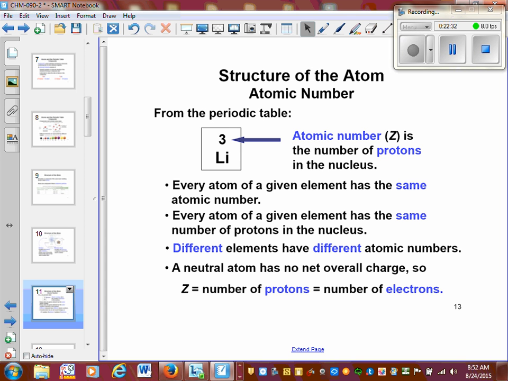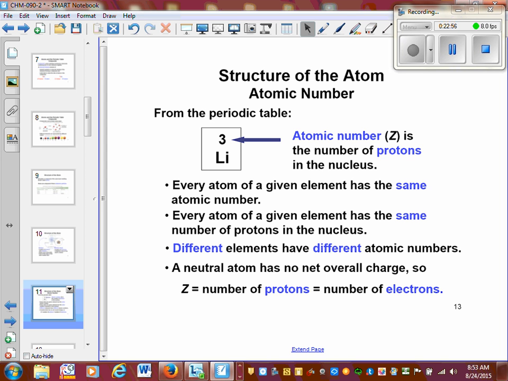Different elements have different atomic numbers. So a neutral atom, atoms are neutral, has no net charge. So if I have 1 proton and the total has to be 0, how many electrons do I have to have for it to be 0? If I have 1 positive, how many negatives do I need? 1.